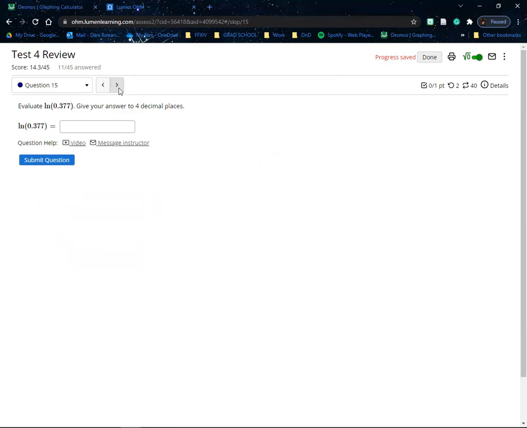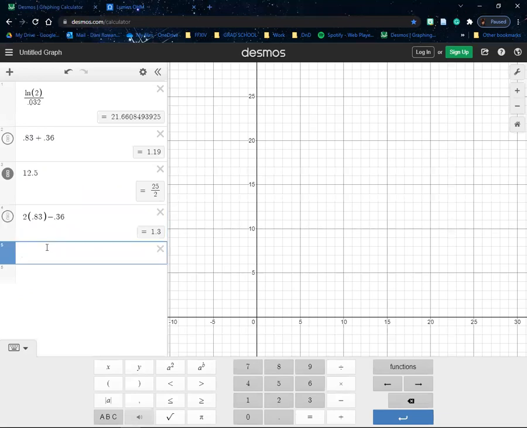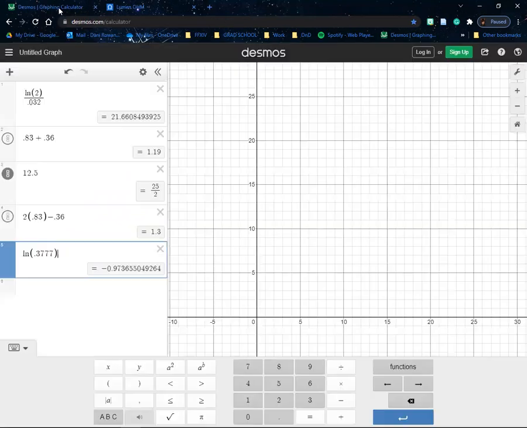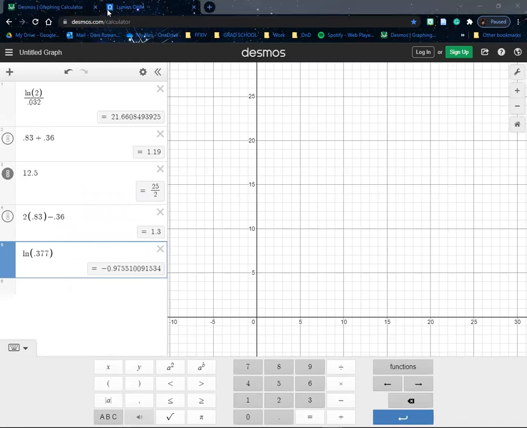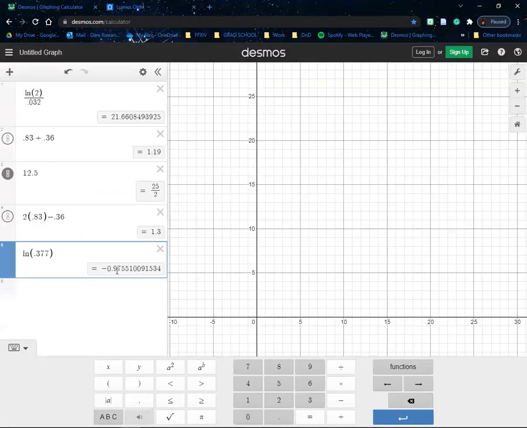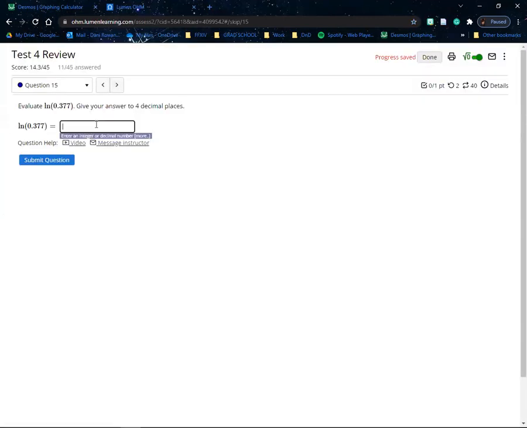This is just plugging into a calculator. Literally, natural log 0.3777. And it wants it, oh, I did too many 7s. It wants it to 4 decimal places. 9755, negative.